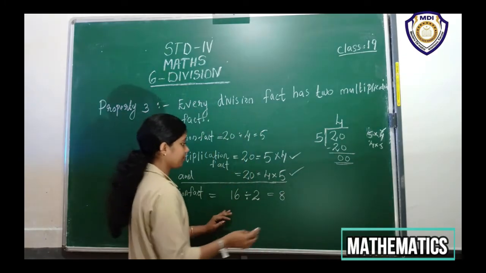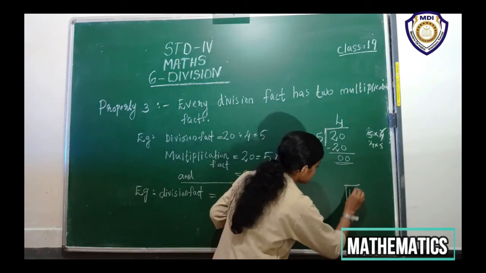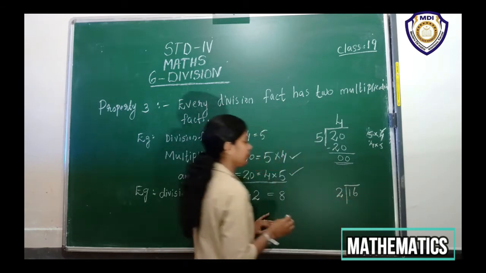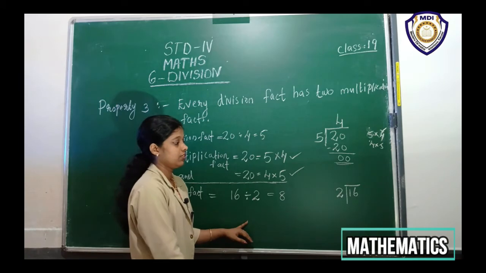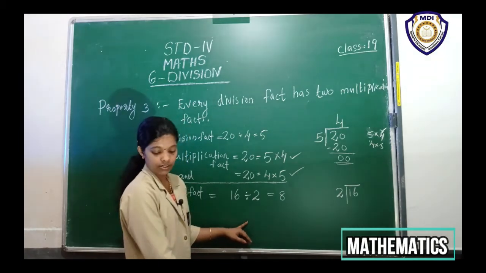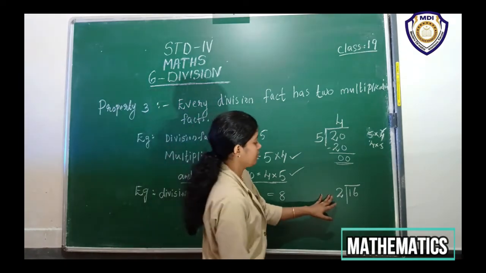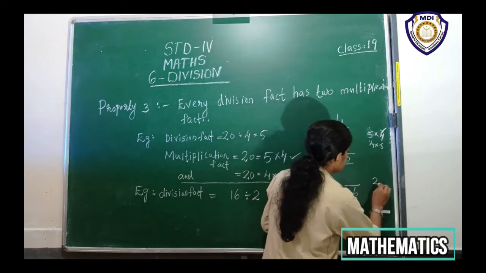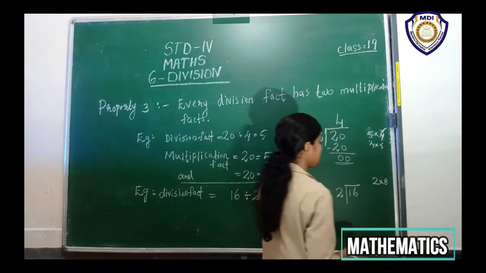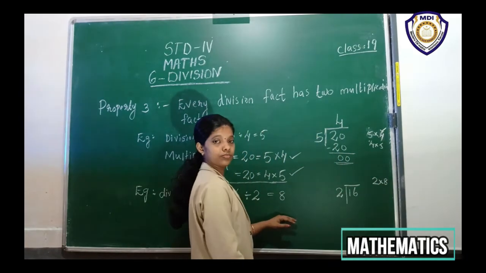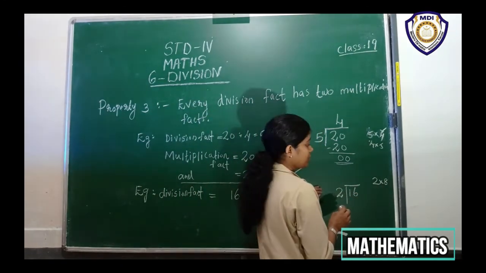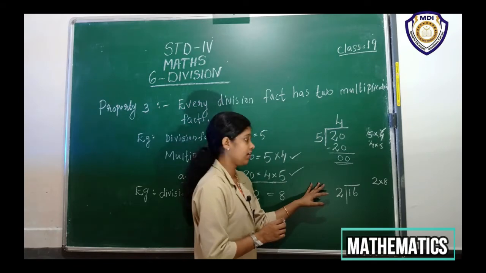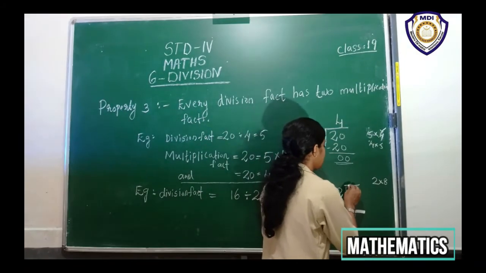Okay. Here 16 divided by 2. We are taking 2's table. 2 8s are 16.